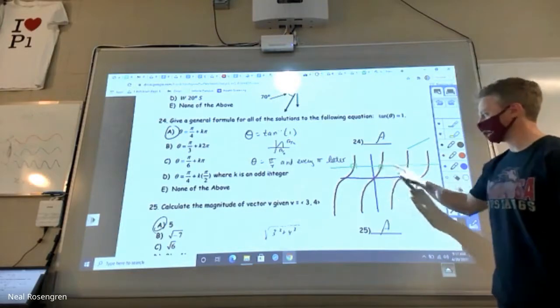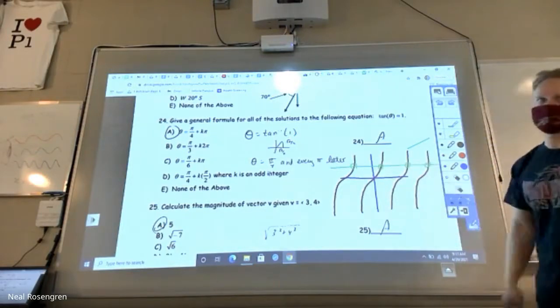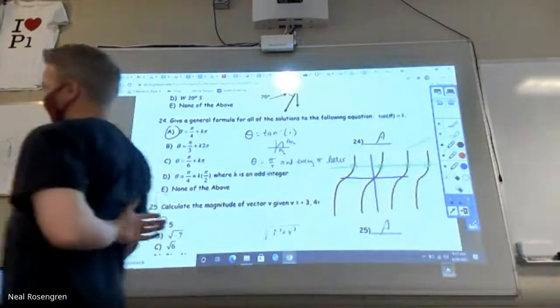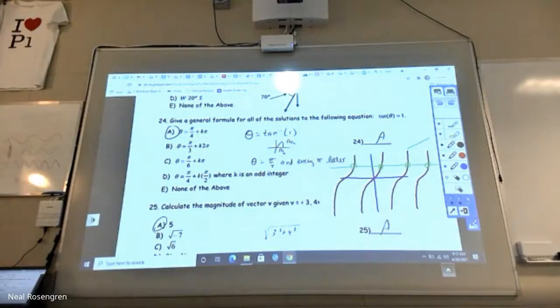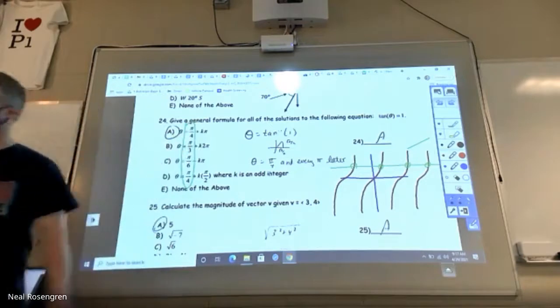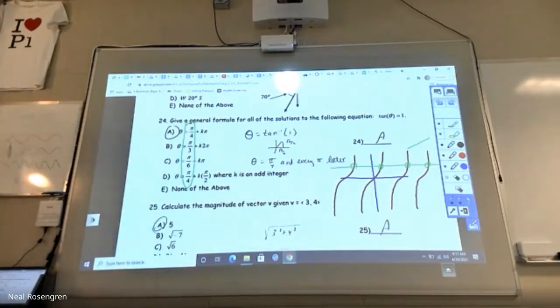All of these answers are correct. And what they're asking us to do by finding a general formula is asking us to do 2 things. Number 1, where's the first answer? Give me the first answer that's right. Where on the unit circle do we have a tangent value of 1?